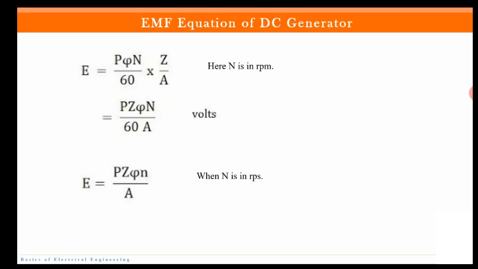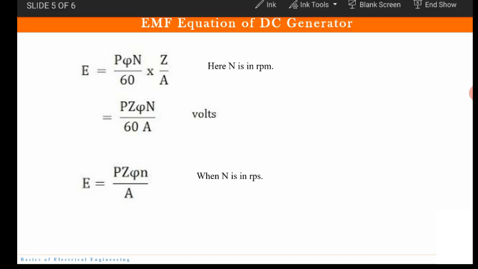Now this is the EMF equation of DC generator. So E is given by PφN/60 into Z/A. All parameters we have used till now, so we are familiar with all the parameters, right? And here N is in RPM, so it is divided by 60.